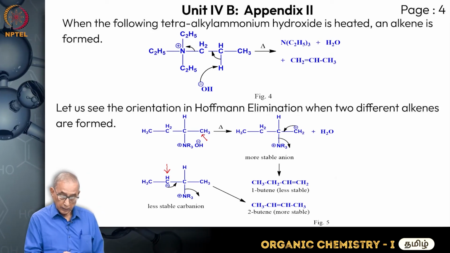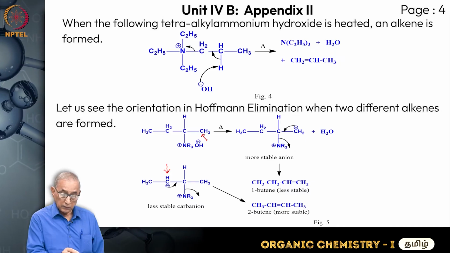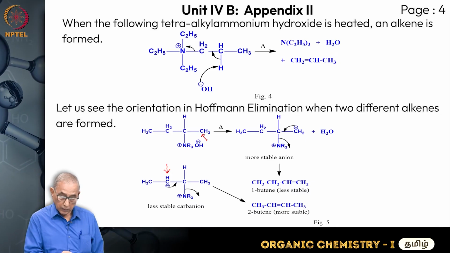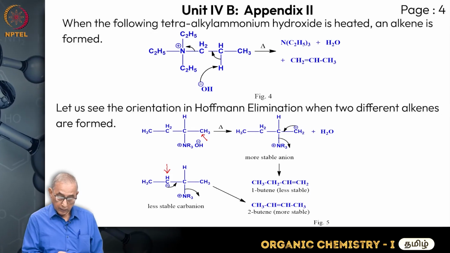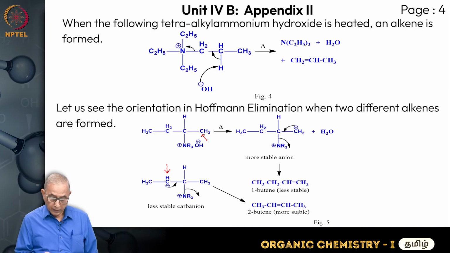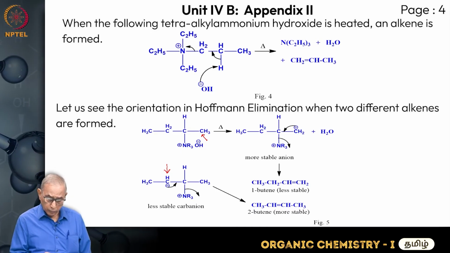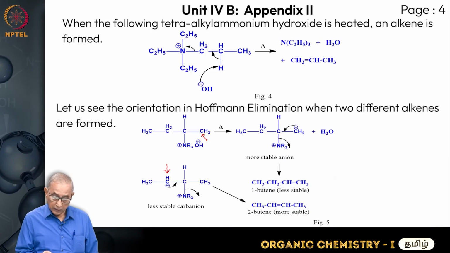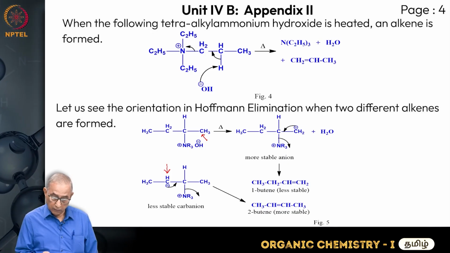This anion is formed by abstraction of this hydrogen, and it again moves in to form a carbon-carbon bond, gets the trialkyl amine out, and you get the more stable 2-butene. And here the product is 1-butene, which is less stable.